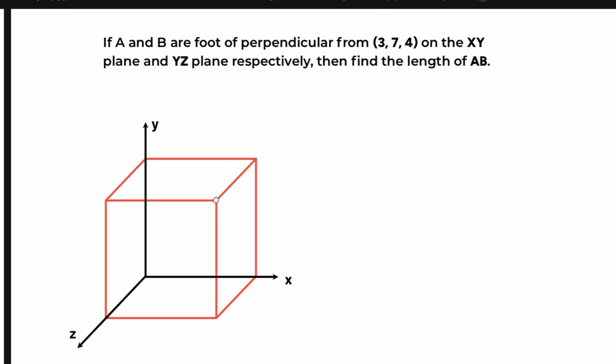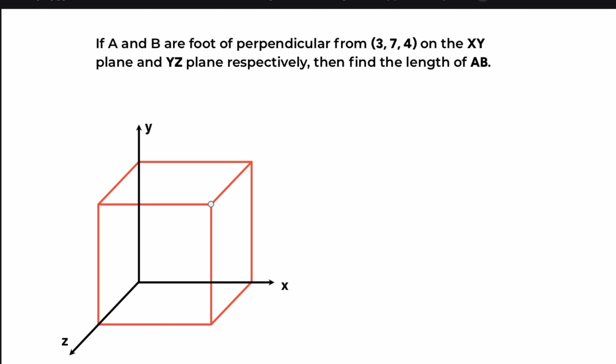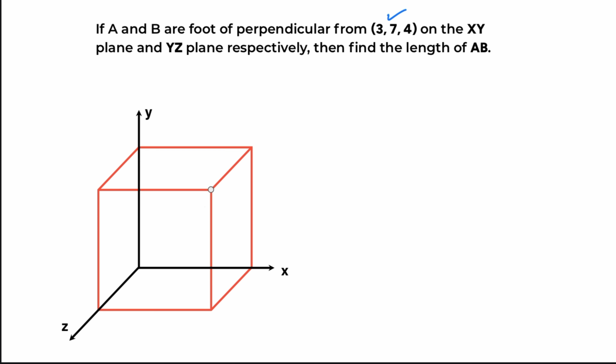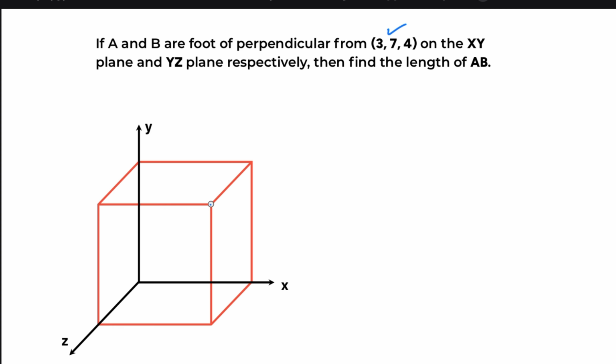So you can clearly see that we have to find the foot of perpendicular from (3, 7, 4) on the xy plane. Can you see where the xy plane is? We can clearly see this is the xy plane and we need to take this point. Here we can see it is a cube, but it can be a cuboid also.